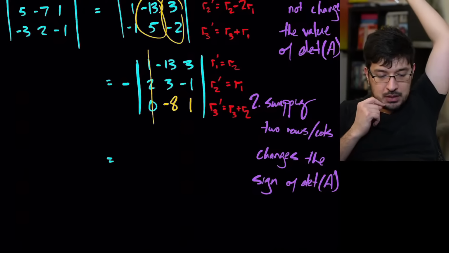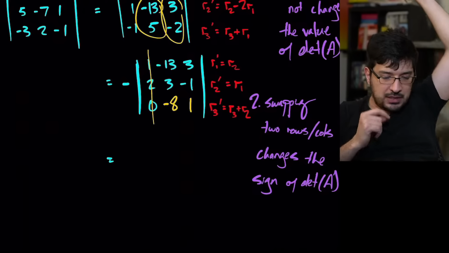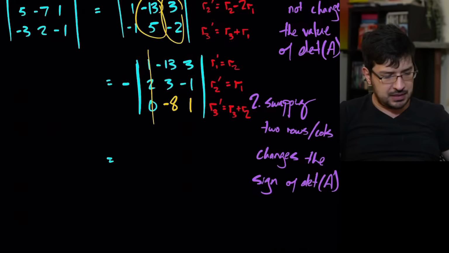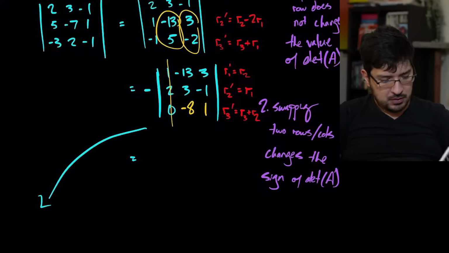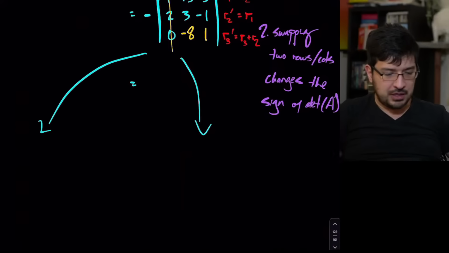Either way works. Or if I wanted to make this a little bit easier, let's see an example where this works either way. I want to go two different directions. Let's go two different solutions here.